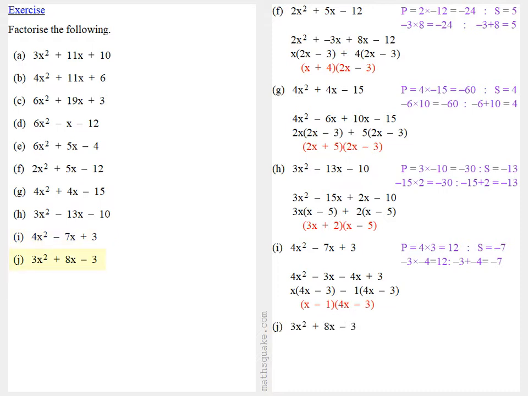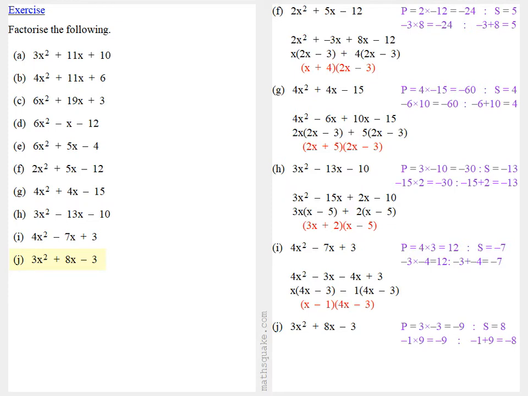And finally, for part J, we have 3x squared plus 8x minus 3. Now P is 3 times minus 3, which is minus 9, and S is the middle term, 8. We want two numbers that multiply to make minus 9 and add to make 8. That's minus 1 and plus 9. Minus 1 times 9 is minus 9.